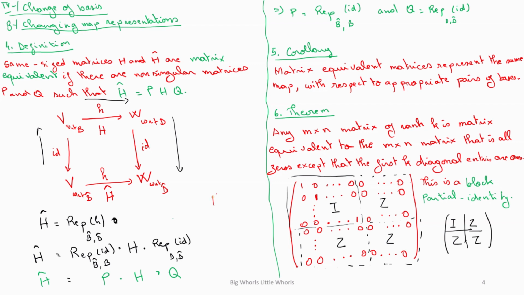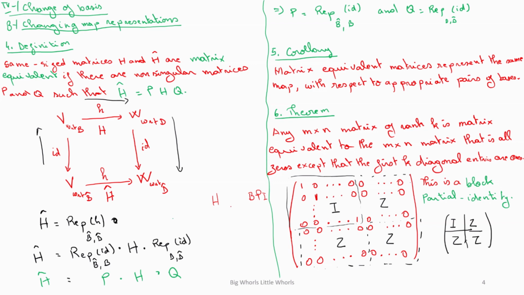So we have a matrix H, and let me call this B, Pi, also a matrix. These two matrices are going to be matrix equivalent, because any matrix is matrix equivalent to a specific block partial identity matrix.